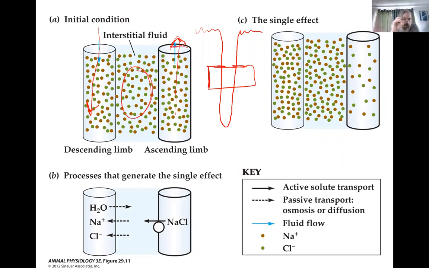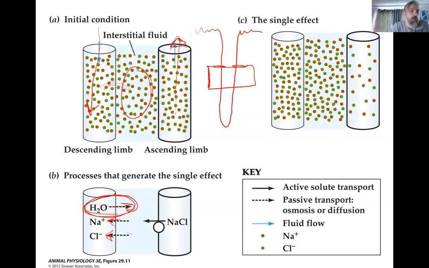In these 2 limbs, the descending and ascending limbs, we have different processes at work. In the descending limb, we are fully permeable to water. So we are gaining sodium, we are gaining chloride, we are losing water in an attempt to become isosmotic with the interstitial fluid.